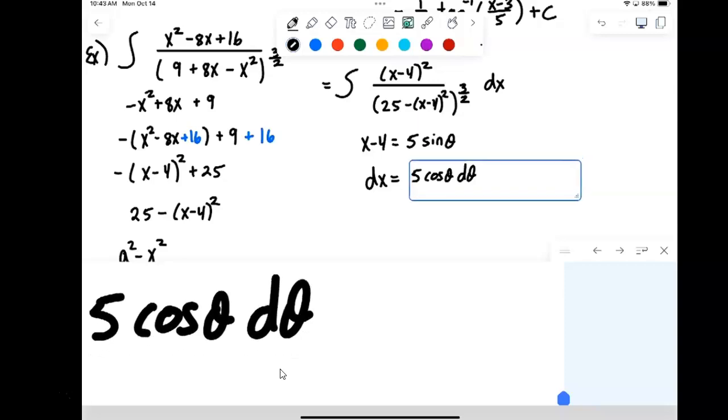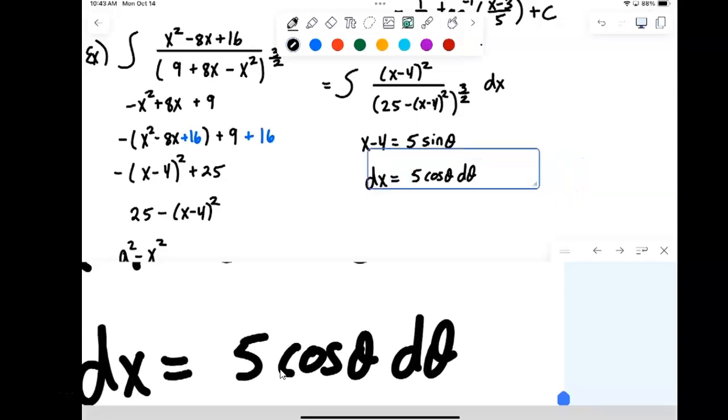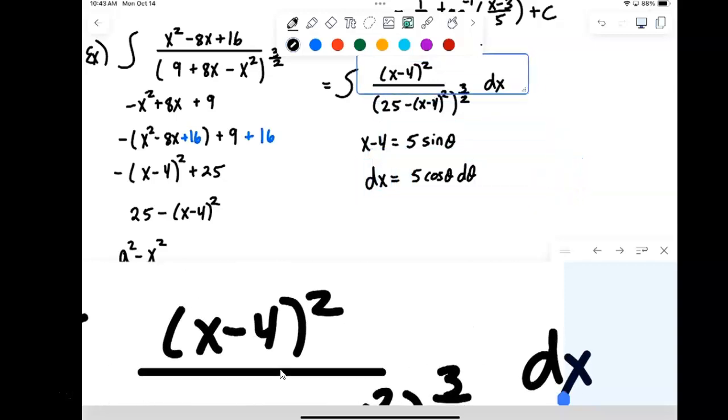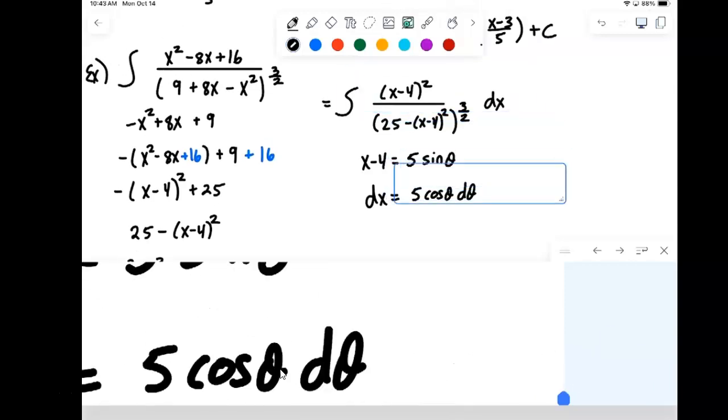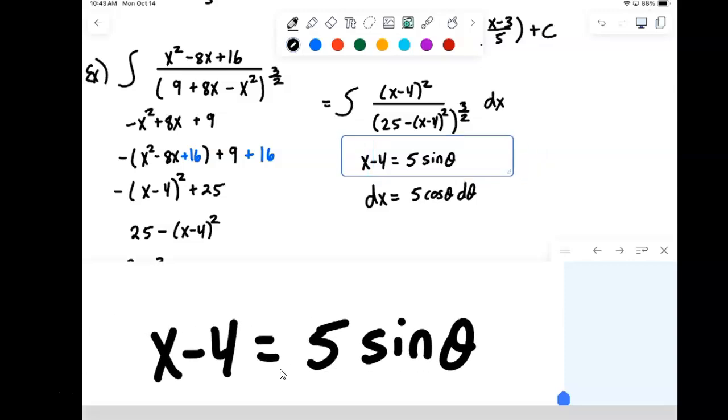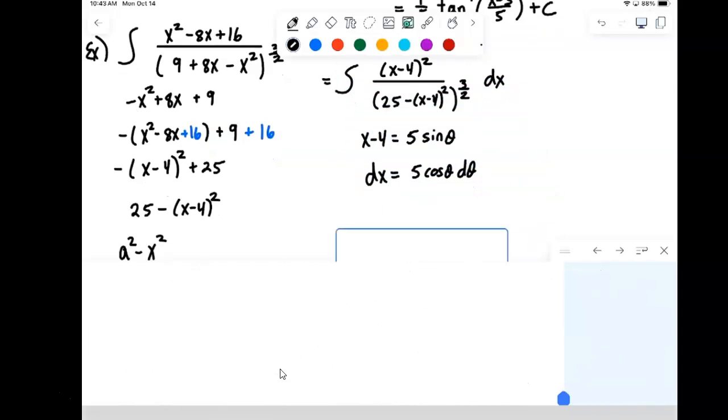Okay, and then we make all of our transformations here. And it was important to have that in the form x minus 4 quantity squared so that we can substitute in for that numerator as well.